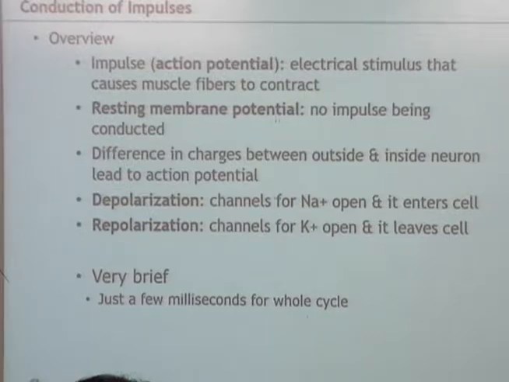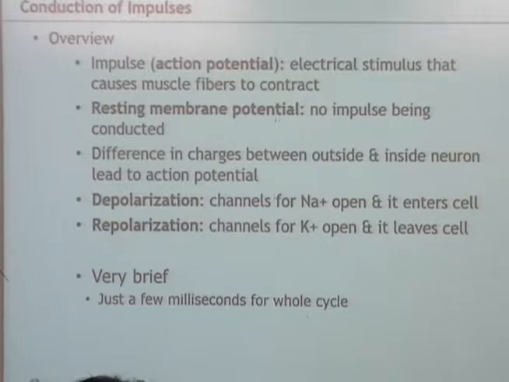If enough signals come down the nerve, and we reach threshold, remember we're going to sum all those signals, and if we reach threshold at the axon hillock, then the signal will continue down the axon.